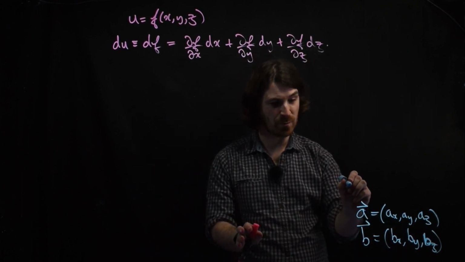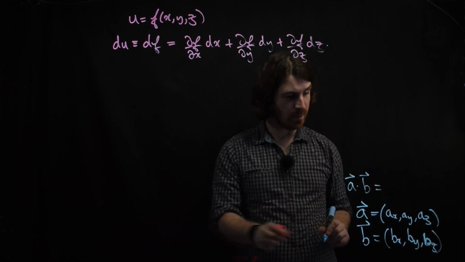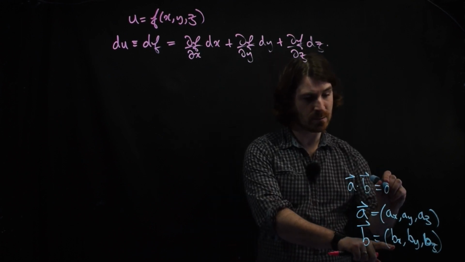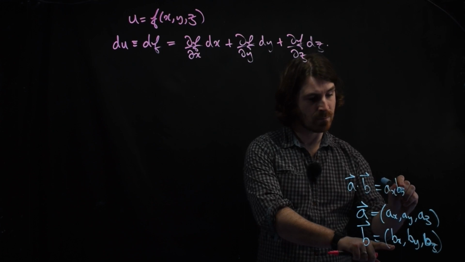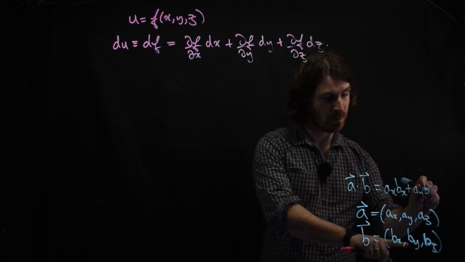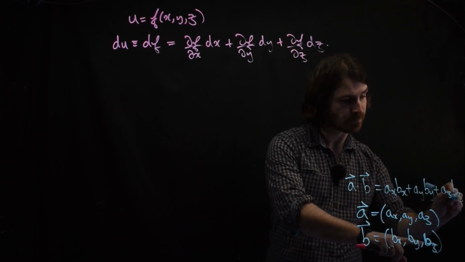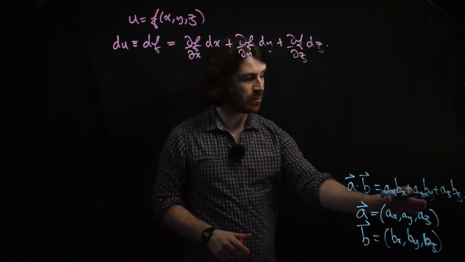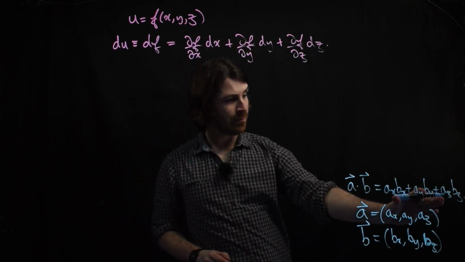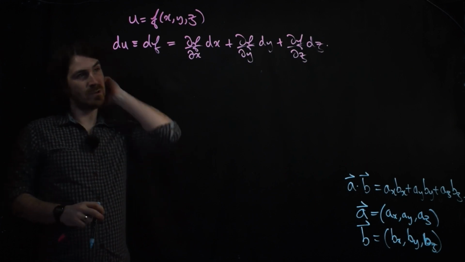What is their dot product equal to? It's ax times bx plus ay times by plus az times bz. So if you have a look at this and have a look at this, then you see there's some resemblance.